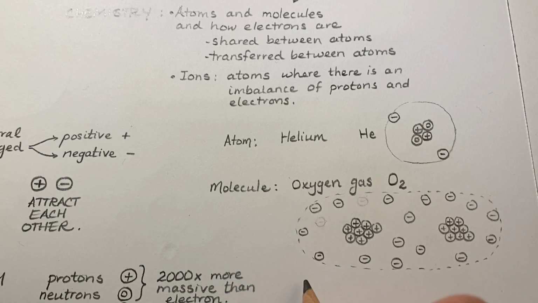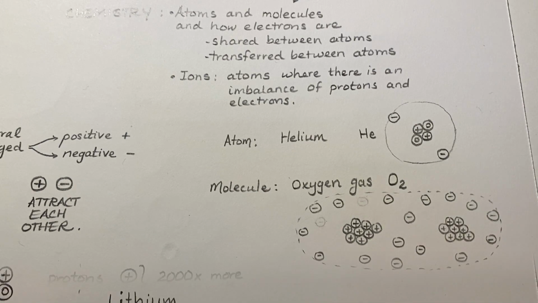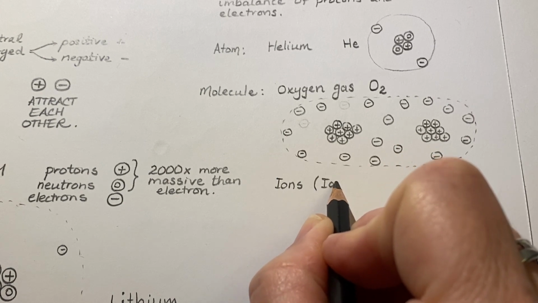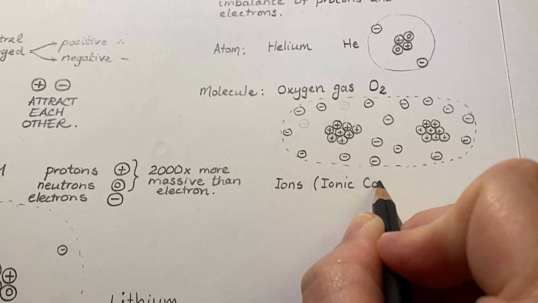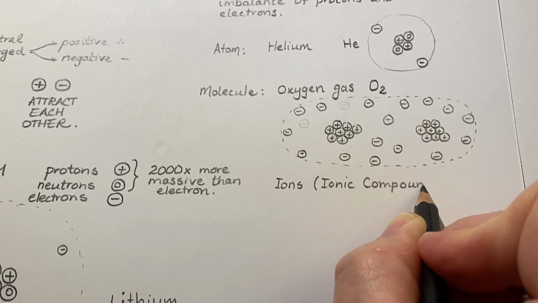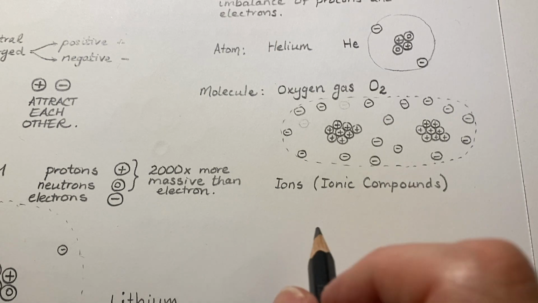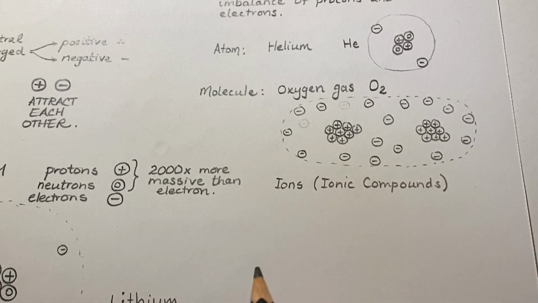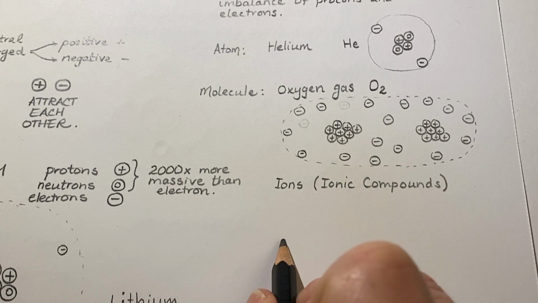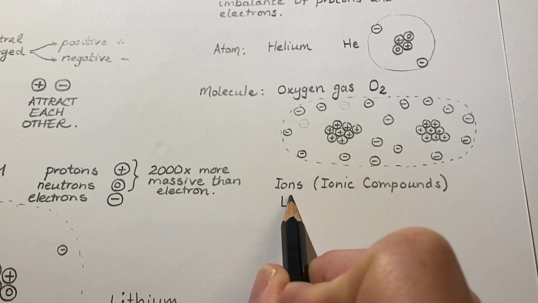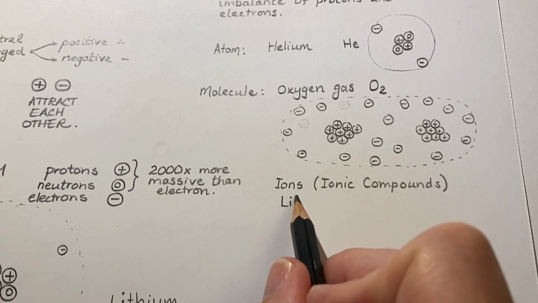Okay. And then we have ions. And I wanted to talk about ionic compounds. So here, one example would be, I talked about lithium earlier, so let's talk about lithium fluoride.